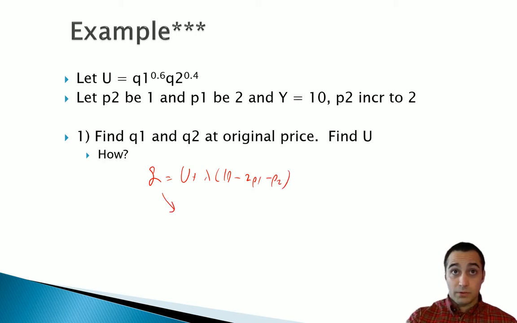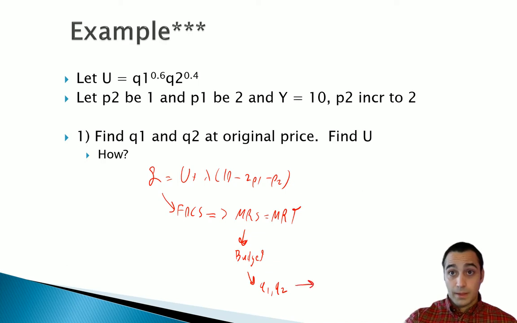Find your FOCs. Then, if you work your FOCs, you can get MRS equals MRT, plug that into budget, get Q1, Q2, and then get, we'll call U star.